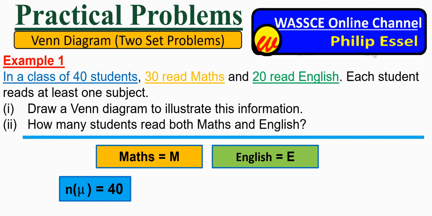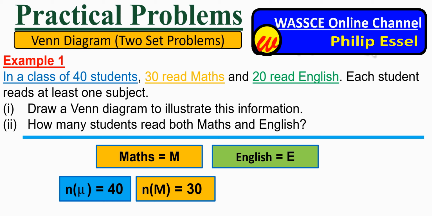We are also told that in this class, 30 of the students read mathematics. So let's write this information down. n(M) equals 30 means number of students reading mathematics. Remember, we used M to represent mathematics. So that is it.